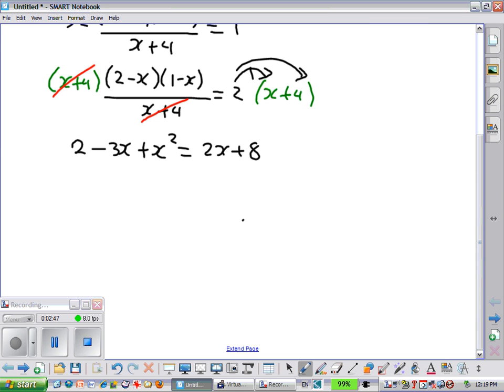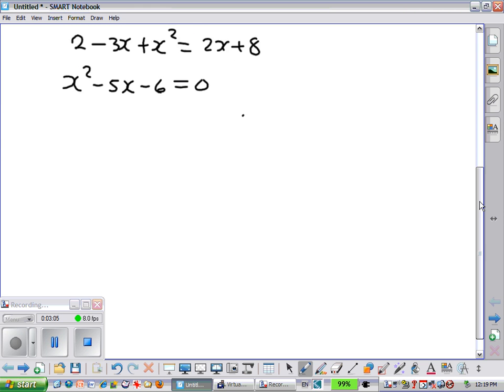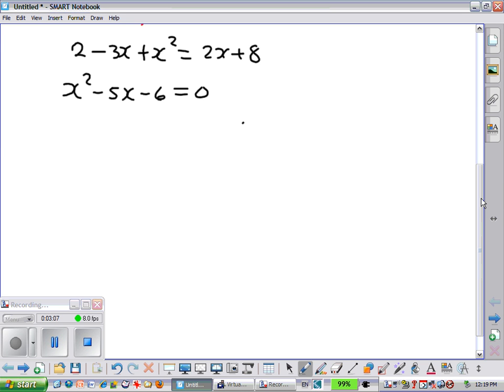Once I get to this part of the equation, my plan is to move everything to the left-hand side and set it equal to 0. Once I am here, my plan will be to either try to factor, use the quadratic formula, or to graph it.